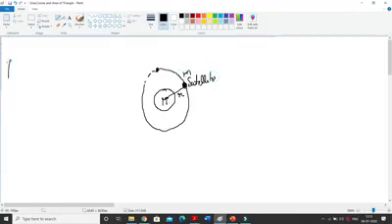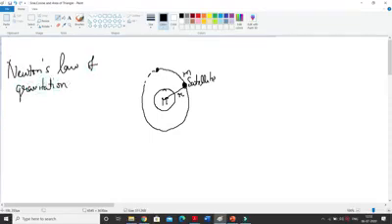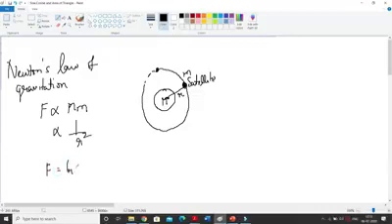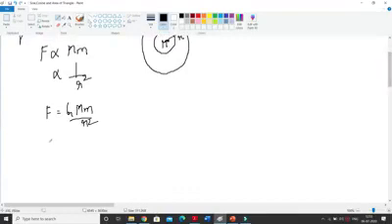So Newton's law of gravitation states that the force between them is directly proportional to the product of their masses and inversely proportional to the square of the distance between them. So finally, if you combine them, you will get this formula: F = GMm over r square, where G is the gravitational constant.